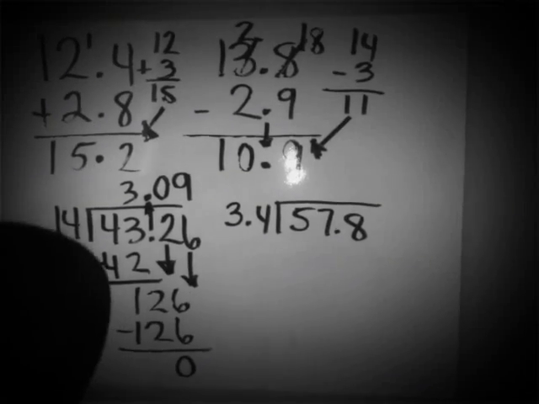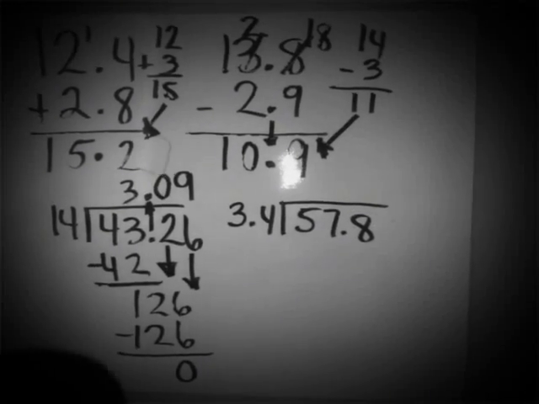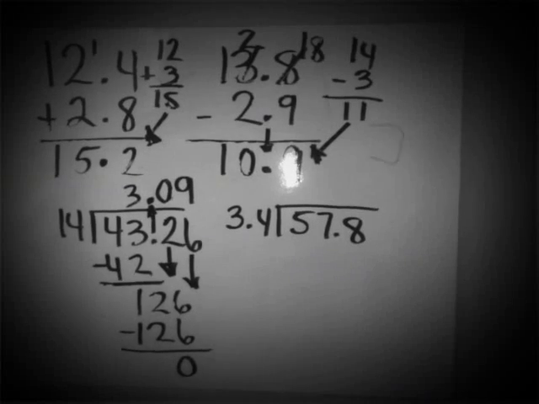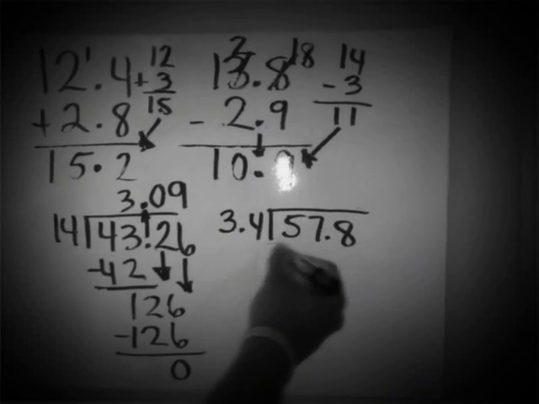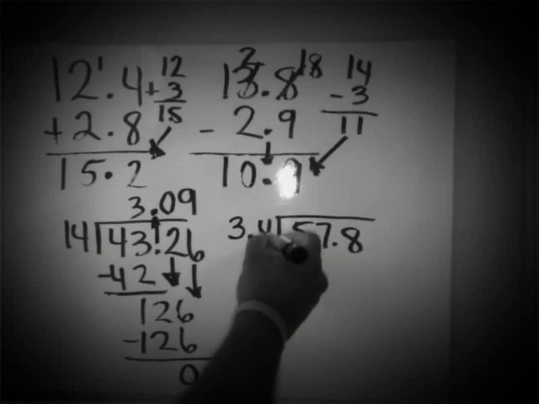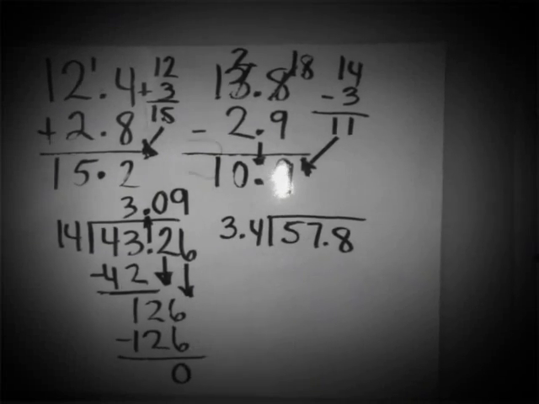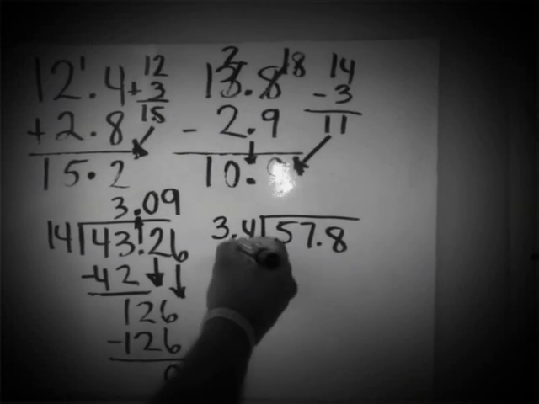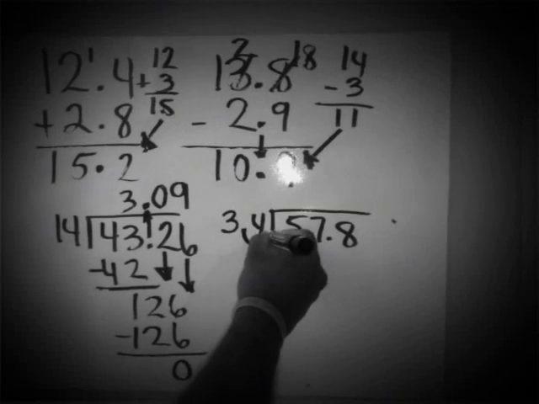Now, the process of dividing decimals by decimals is a bit different. In a sense, you cannot divide decimals by decimals. You need to transform this denominator into a whole number. How we do that, we move the decimal place one place over to the right.